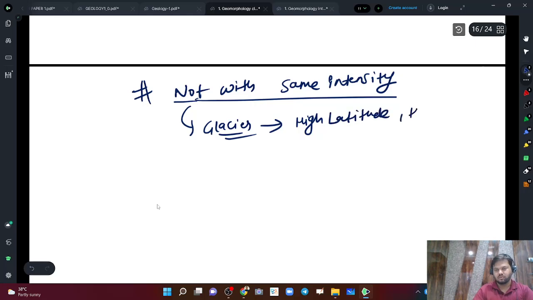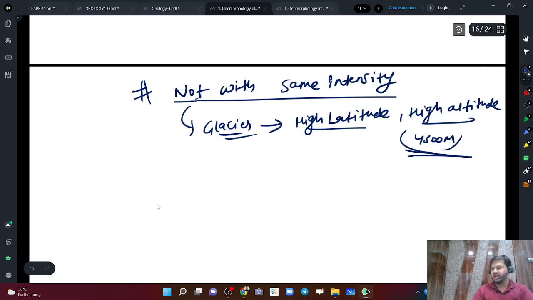Yes, they are found at high latitude and high altitude, high elevation areas. Maybe above 4,500 meters, we may find some glacier. And at higher latitude, maybe 65 to 72, up to 90 degrees north and south. So here we find glacier.